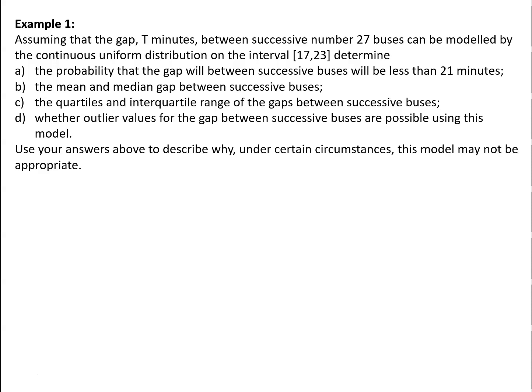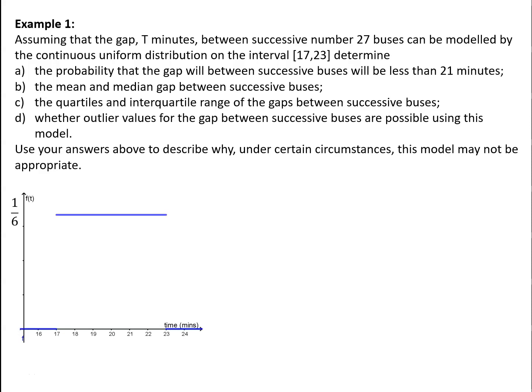We'll find the quartiles and the interquartile range of the gap, and we'll find whether outlier values for the gap are possible using this model. And we're going to then discuss the suitability of this model for all circumstances of the bus service.